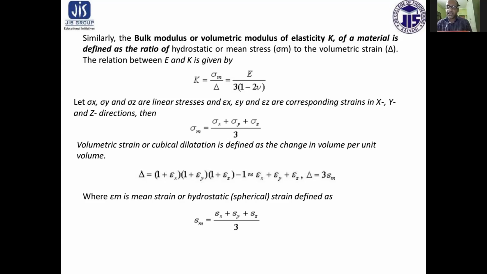So we can get that volumetric strain equals 3 times Em, where Em is the mean strain, or hydrostatic strain, defined as (Ex plus Ey plus Ez) by 3, as shown in the figure.